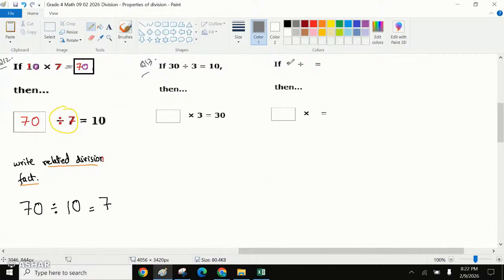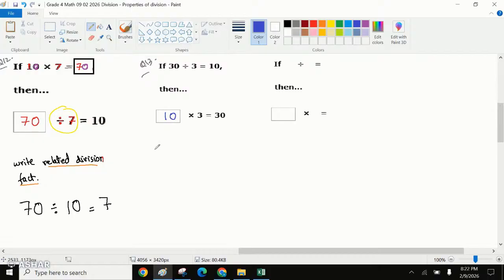Then what number should be multiplied by 3 to make it 30? Then 10 multiplied by 3 would be 30, right?